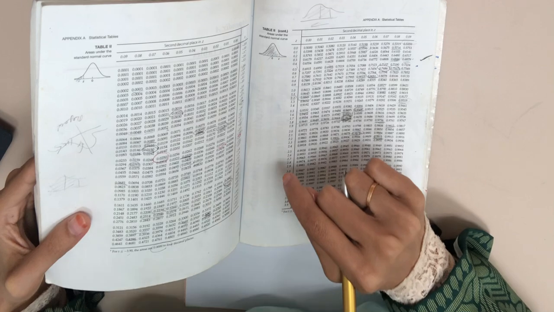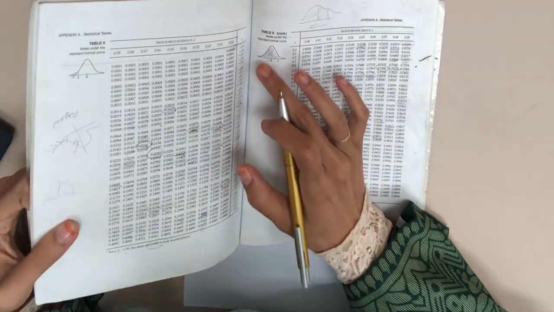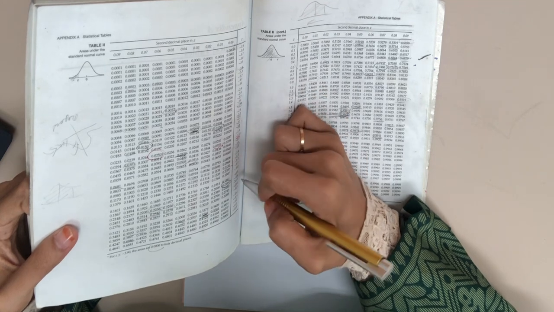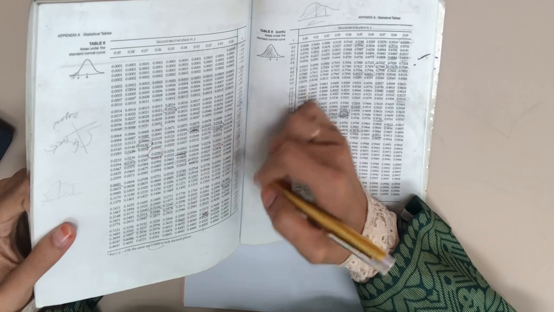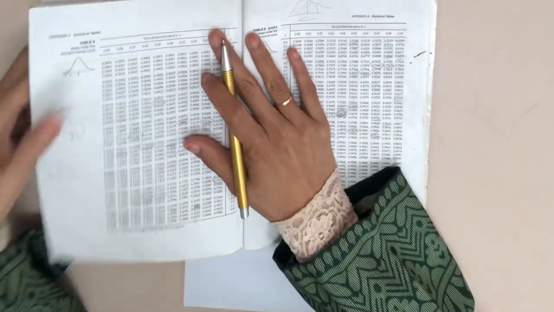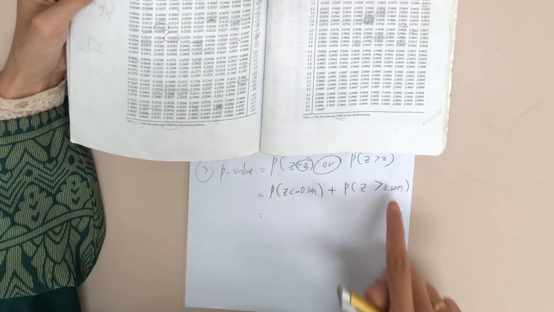Okay, wait, I just want to figure out where it is. Negative. Okay, negative 0.8. Negative 0.80.